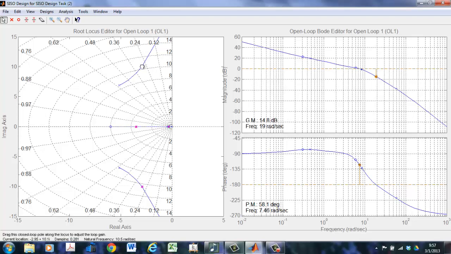Again, I really don't like what this closed loop pole is doing. But let me get my bandwidth there. There's a bandwidth right at 6 radians a second. Phase margin 72. And let's look at the time response.